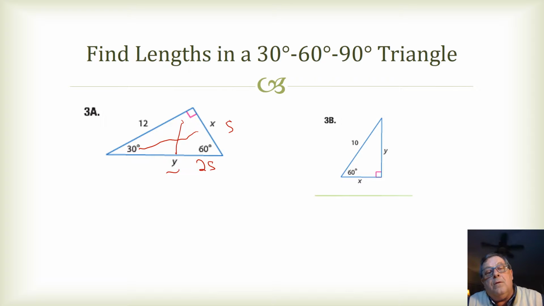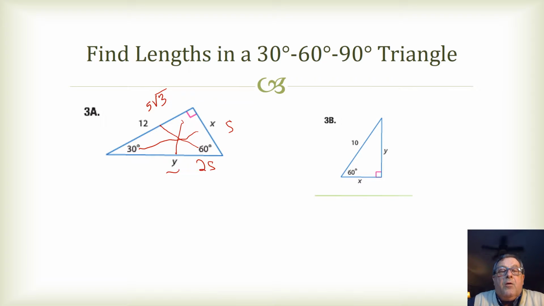And the longer leg, which we do have a measurement for, is 12. We don't know the units, but it's 12. It is opposite the 60-degree angle, and it is S times the square root of 3.